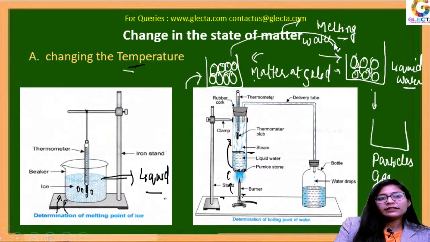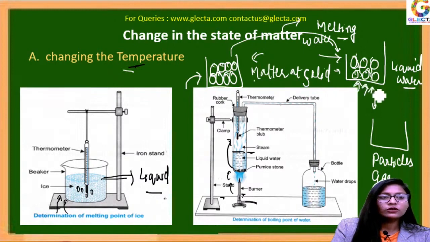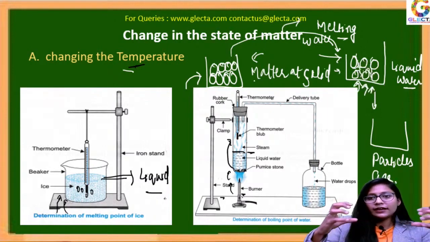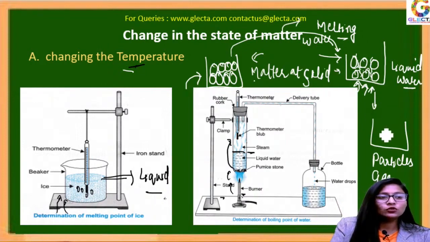So what is melting? The process by which solid matter converts itself into liquid matter by raising the temperature is called melting. Whereas when you keep raising the temperature, these particles will get further detached and create a huge space between them.